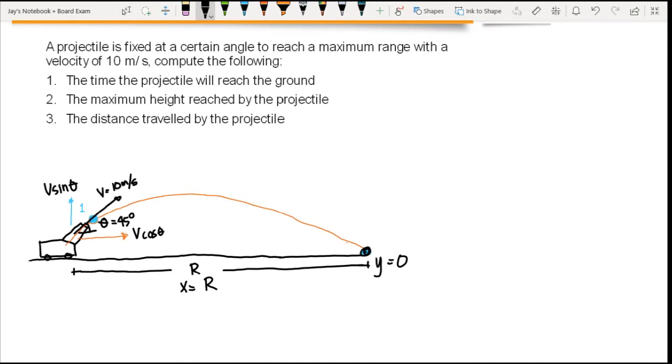Okay, so we can now compute the vertical component and the horizontal component of the initial velocity. In this case, we have v cosine theta, that is our vx.